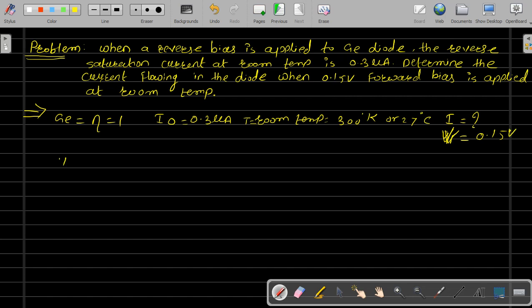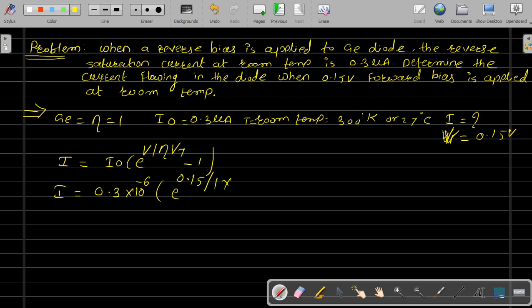I know my diode current equation is I equals I naught e power V by eta Vt minus 1. So what is my I naught? 0.3 microamps, that is 10 power minus 6 into e power V. V is 0.15. Eta is 1, because it is germanium, into Vt.